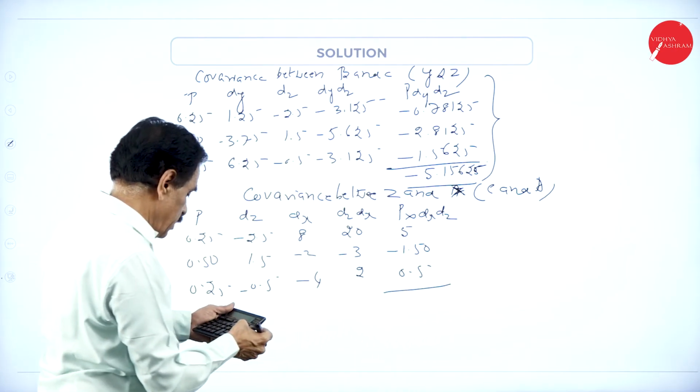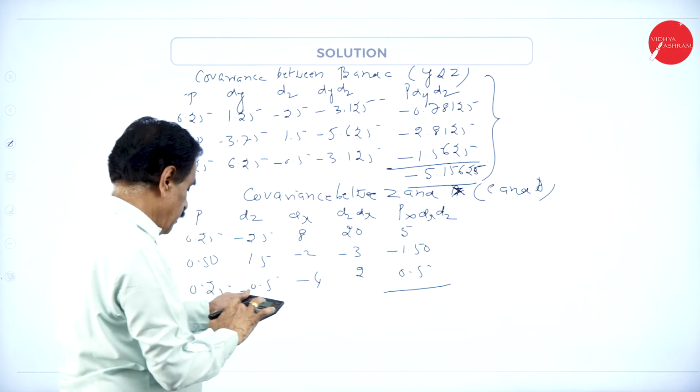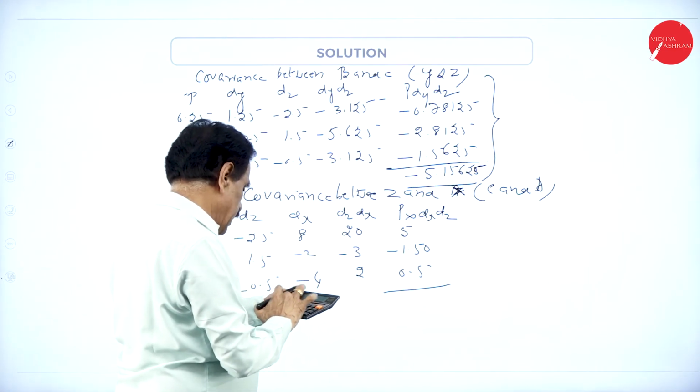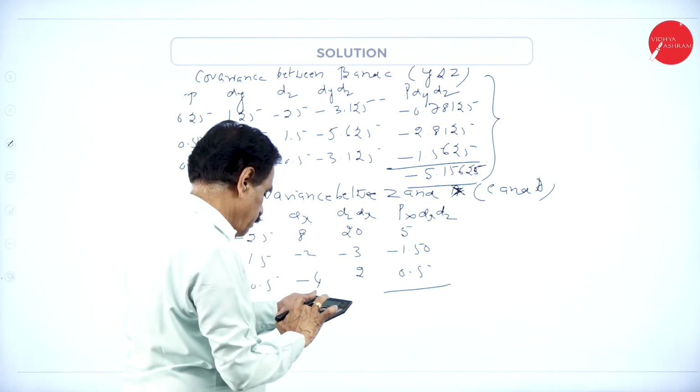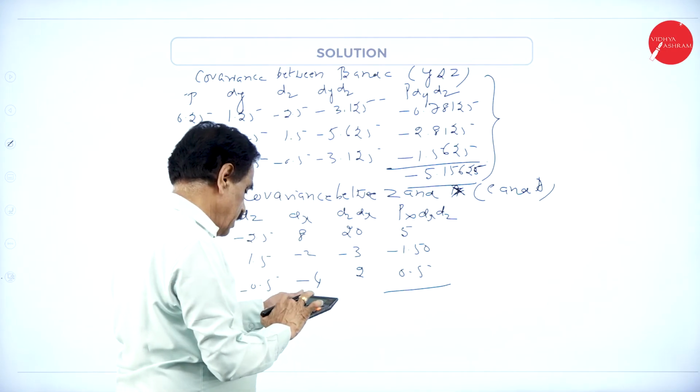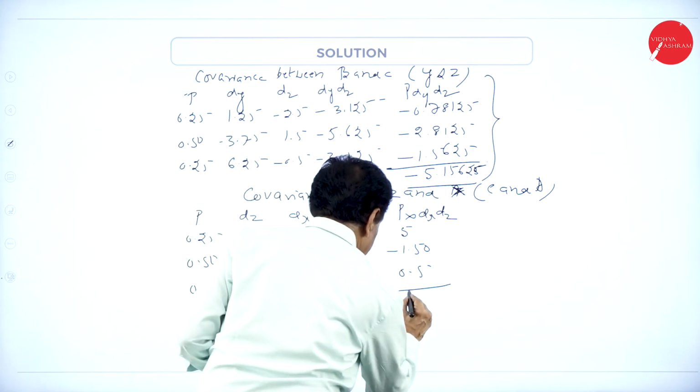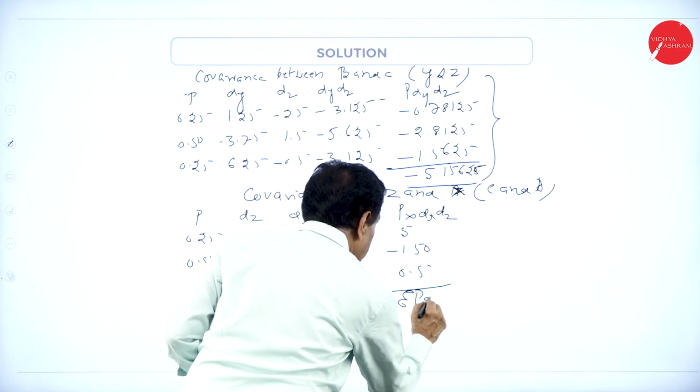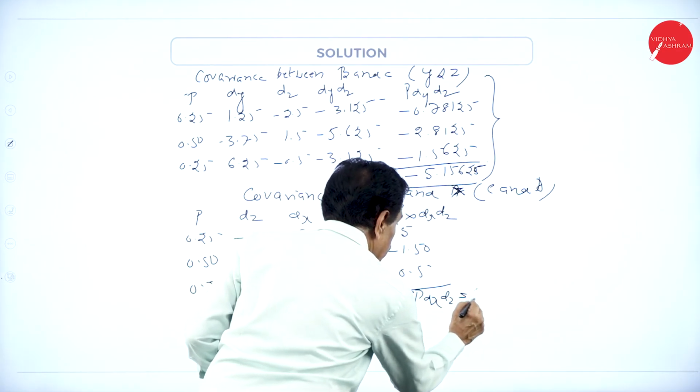Add the figures: 5 minus 1.50 plus 0.5 is 4. Sigma p dx dz is 4.